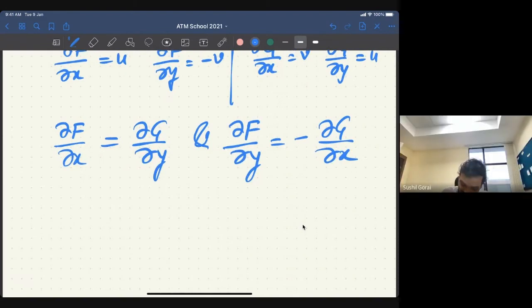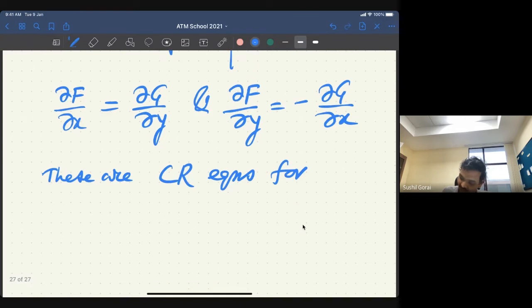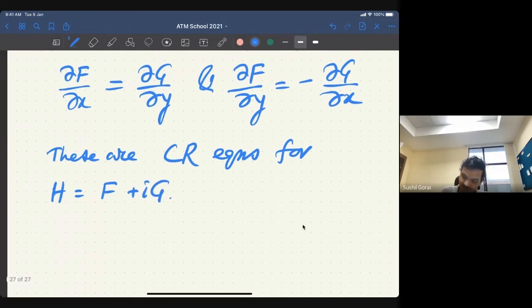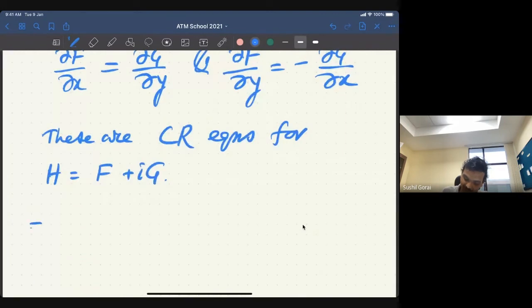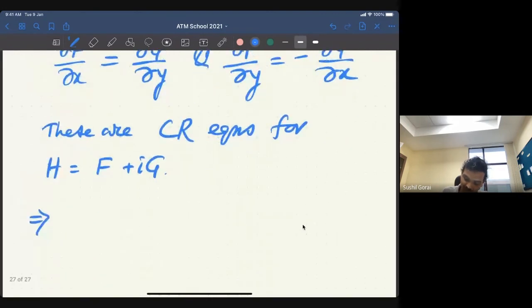So these are Cauchy-Riemann equations for h, which is defined as f plus ig. Now what is del h by del x?